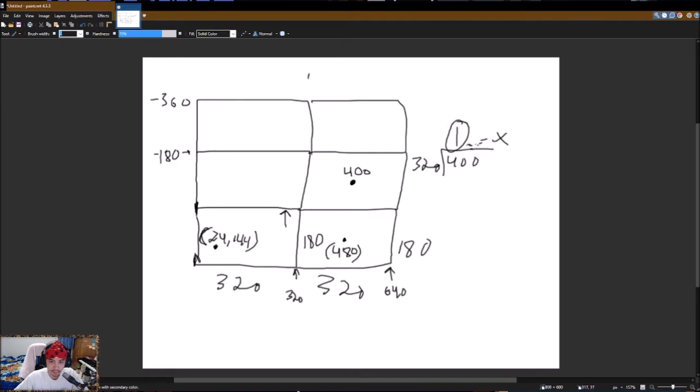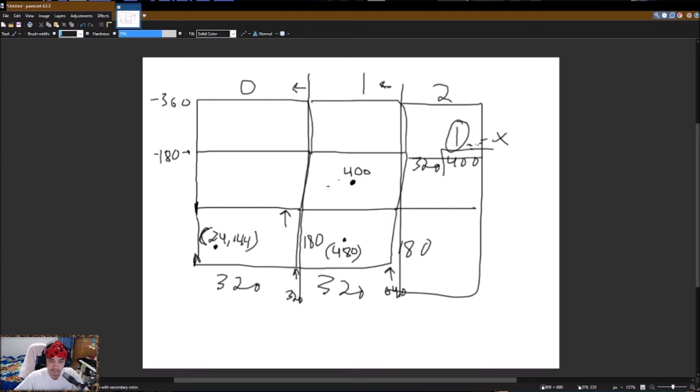So if you're anywhere on the left side of this line, it would be 0, and anywhere to the left of this line, it would be 1, and so on. Let's say you add more boxes here. This would be 2.